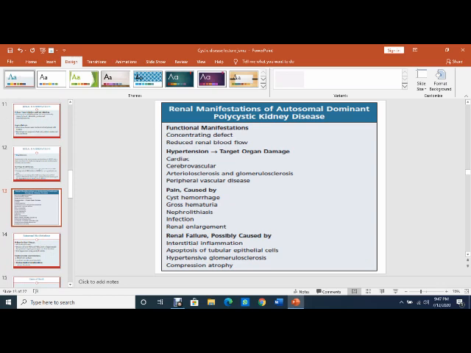So this slide shows again the renal manifestations of autosomal dominant polycystic kidney disease that were already discussed.